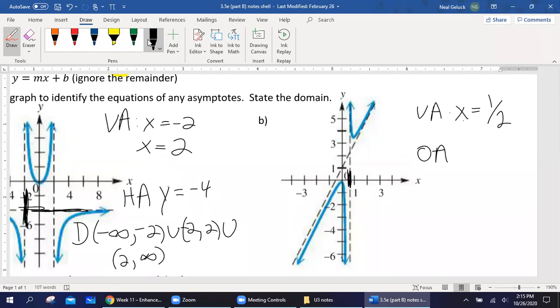I'm going to do the equation of a line, y equals mx plus b. Looking at this dashed line, it's hitting at 1 on the y-axis, so that's my y-intercept. And then it looks like it's also probably hitting right here, so that would be up 2 over 1. So that would be 2x plus 1.